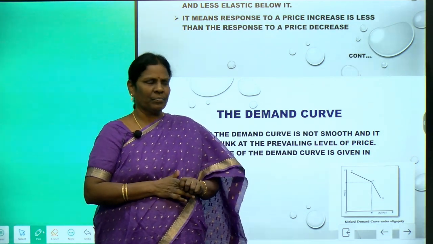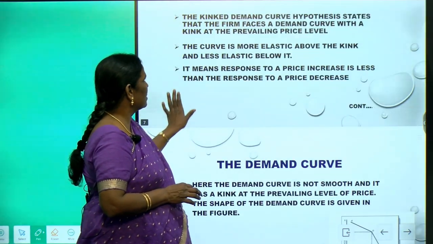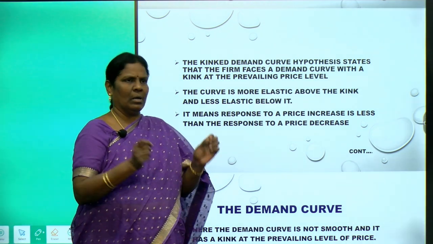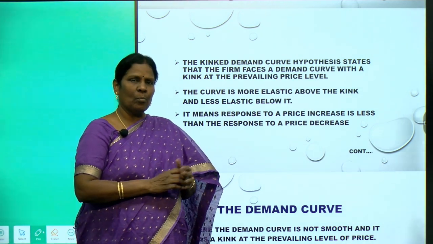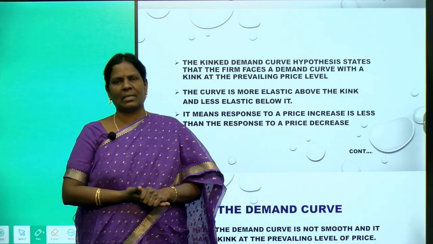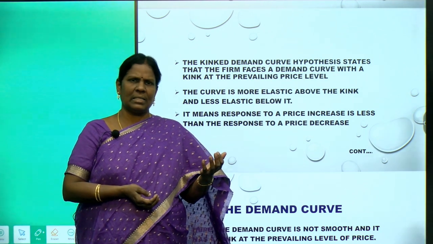Because the kink arises in between two segments of the demand curve, it is popularly known as the kinked demand curve. This kinked demand curve has two features: a more elastic demand nature and a less elastic demand nature. What is the more elastic demand nature?